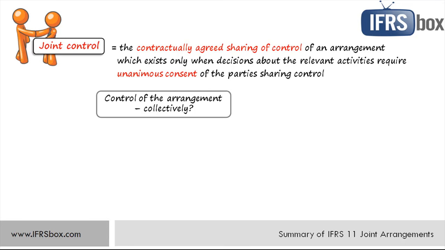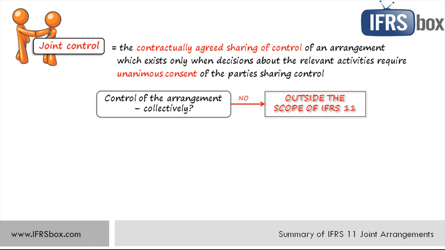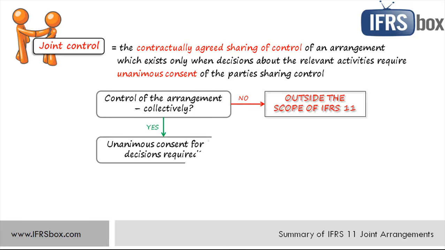If not, that would mean that, for example, just one party is able to control the arrangement and no other party can veto its decisions, right? Then such an arrangement is not a joint arrangement and it's not within the scope of IFRS 11, so you need to apply another standard. If yes, meaning that there is a collective control, then the question is whether decisions about the relevant activities of the joint arrangement require unanimous consent of the parties that collectively control the arrangement.